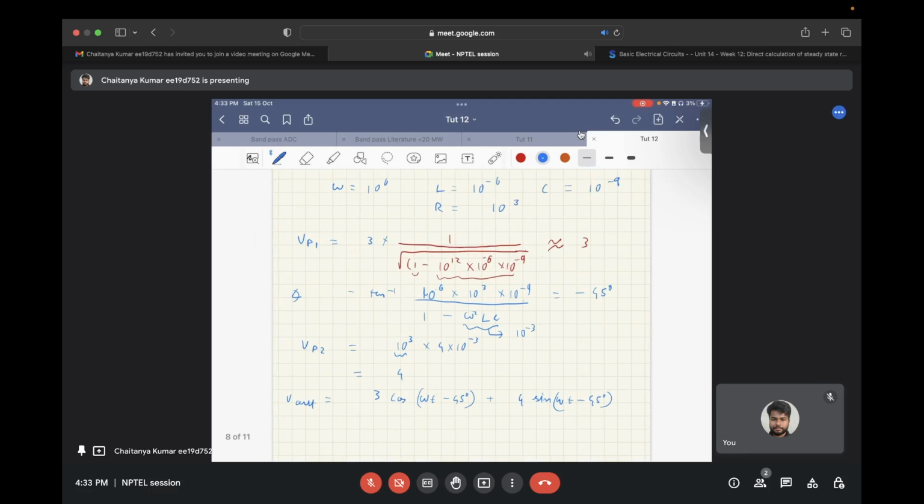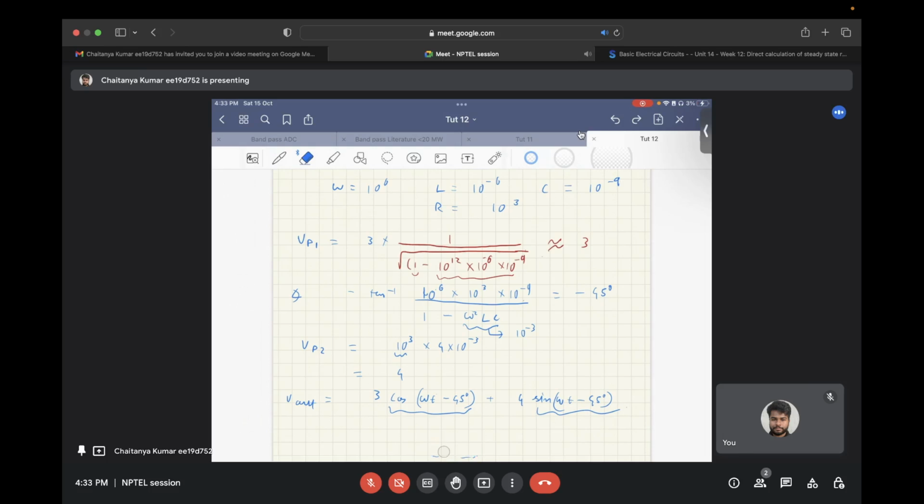Okay, so now since this term and this term are perpendicular, if you view it as a phasor, cos omega t and sin omega t are perpendicular to each other, and the overall magnitude that you will get from these two will be the square root of the sum of squares.